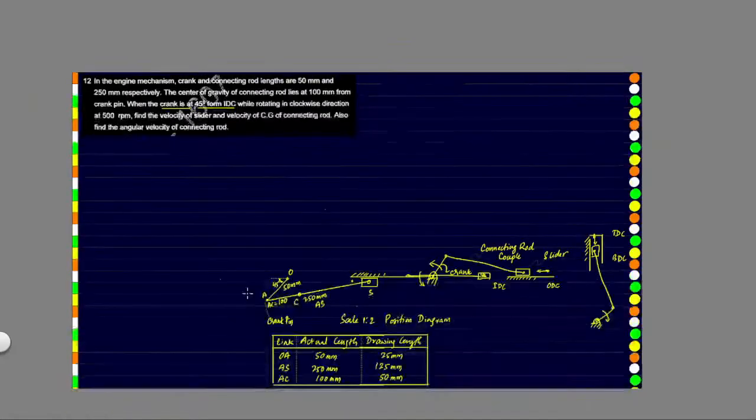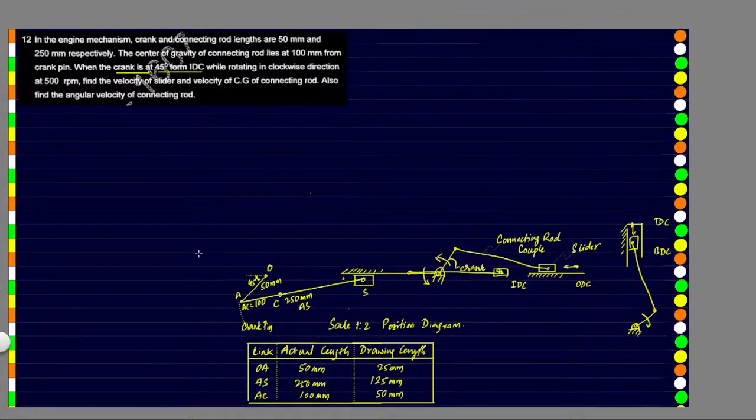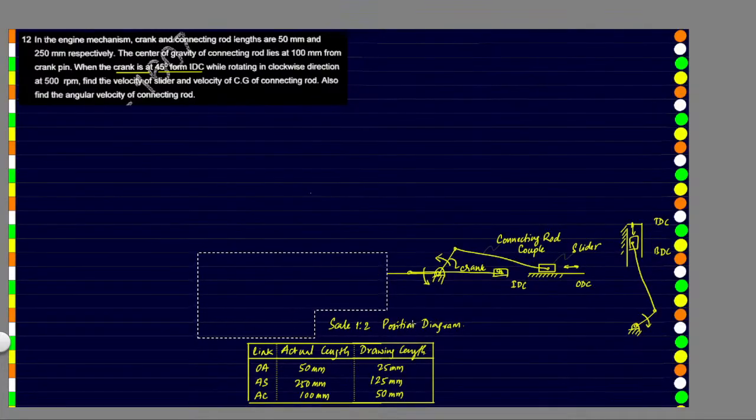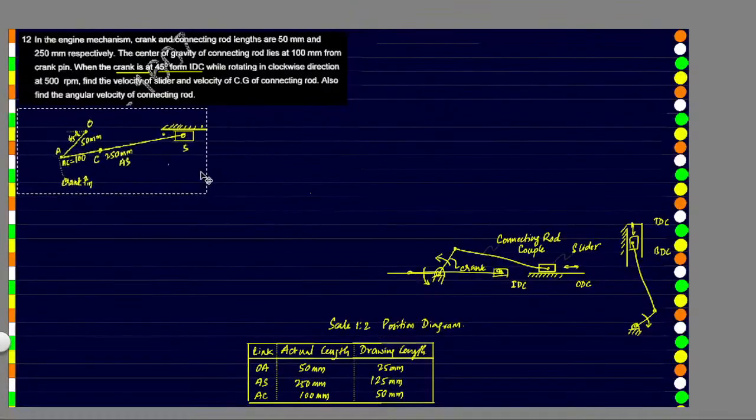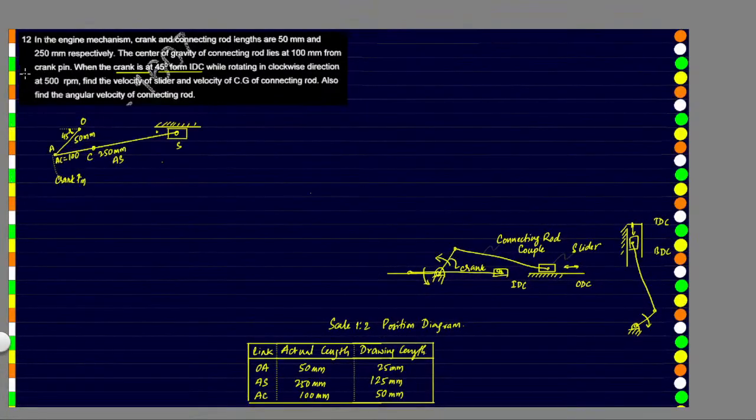We will also need the position diagram, so let's move it over here. We'll need the position diagram for the velocity.